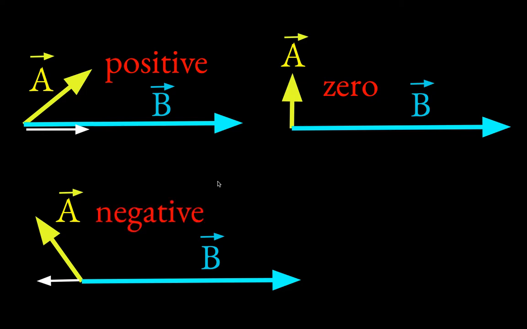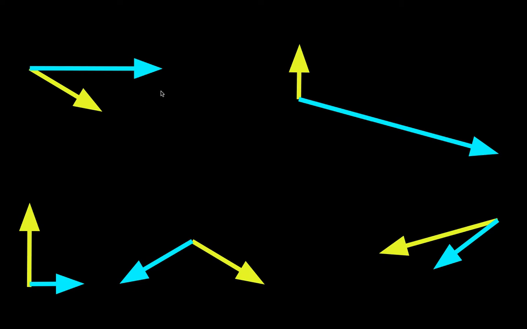Right? So just to practice with this for a second, here's a few examples. In the upper left, what we're looking for here is if the dot product is positive, negative, or 0. Well, in the upper left, it's going to be positive because one vector does have a component that is along the other vector.